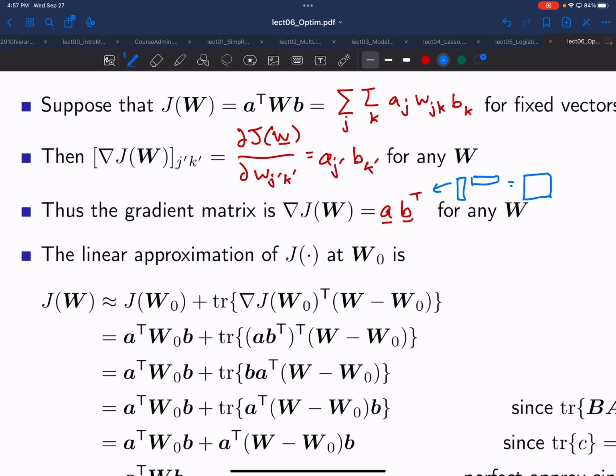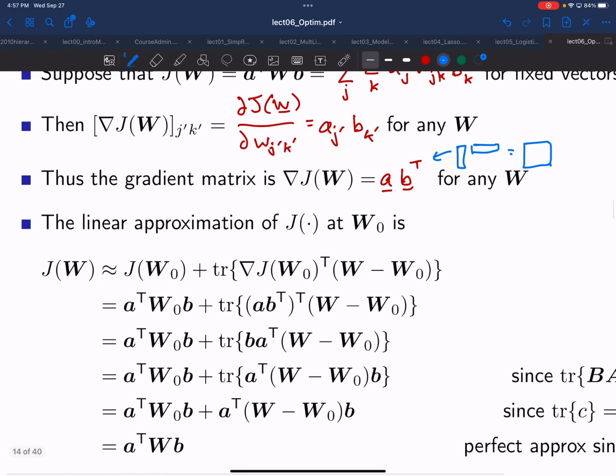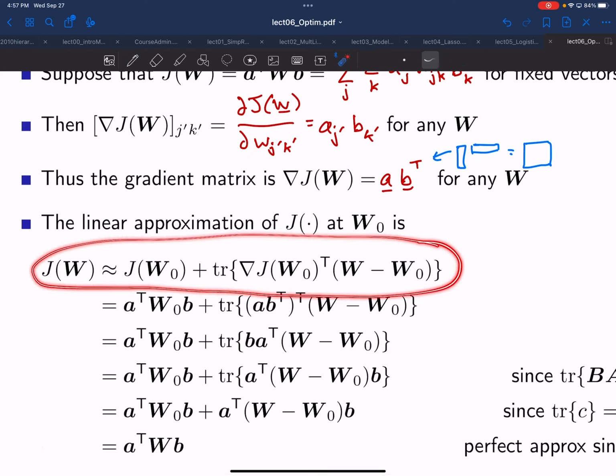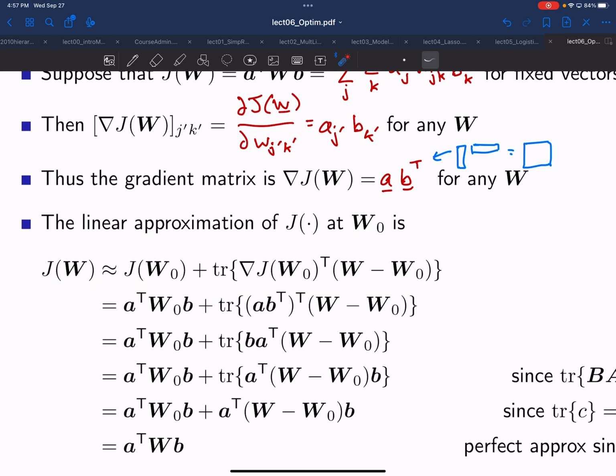Okay, great. So now we have the ingredients to do our linear approximation. So this is the equation that we've derived on the previous page. Now we have the ingredients to plug in. So we have derived this gradient matrix. It is A times B transpose. So I've just plugged that in, but I have another transpose on that whole thing. So here with transposes, I've seen a number of you make mistakes in office hours.